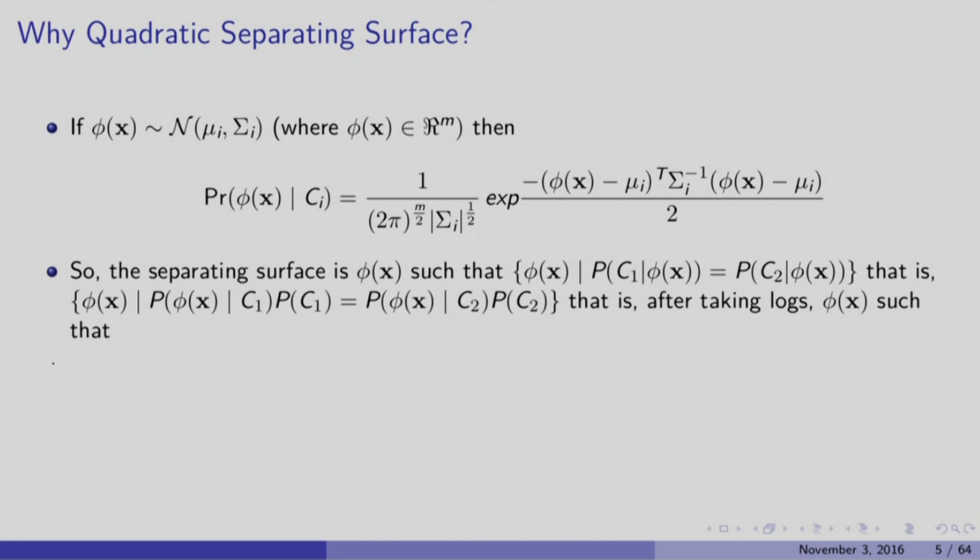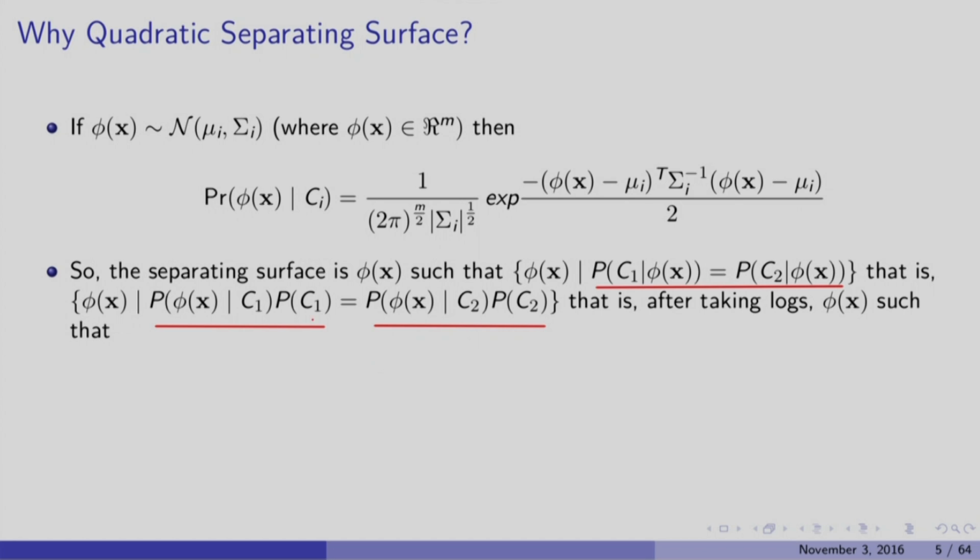So analytically, let us see why we would get a quadratic separating surface. So separating surface should be such that the probability of class 1 given phi x should be the same as the probability of class 2 given phi x, and that would mean that the product of the probability of generation of the point from class C1 times the probability of class C1 should equal the product of the probability of generation of the point from class C2 times the probability of class C2.